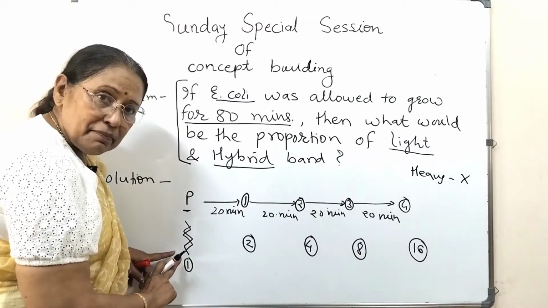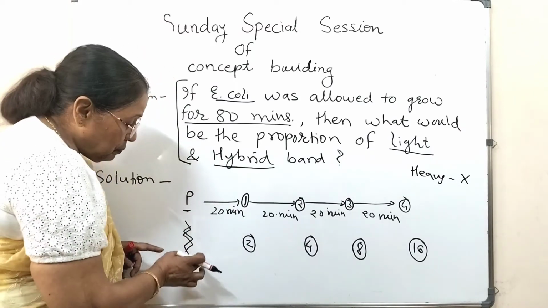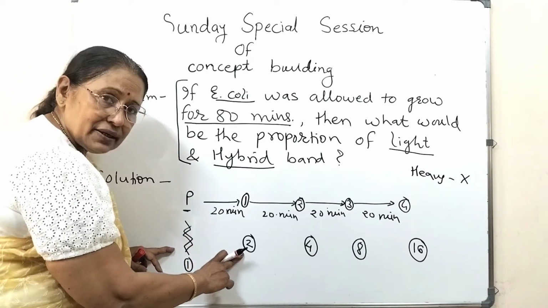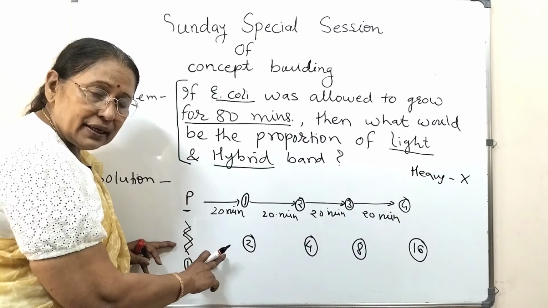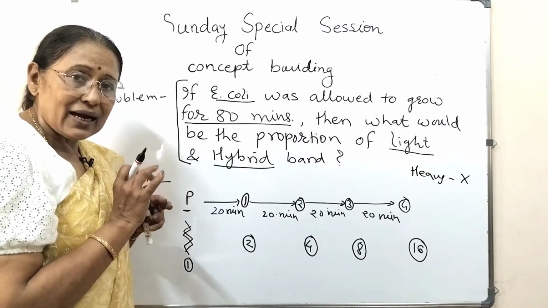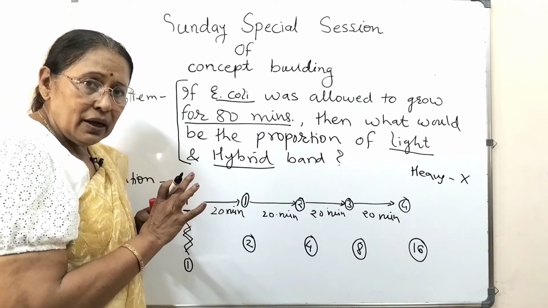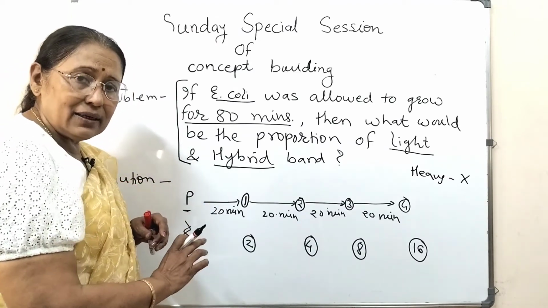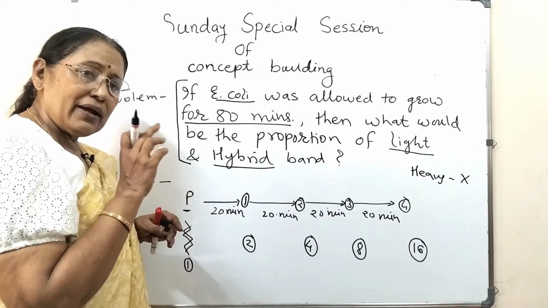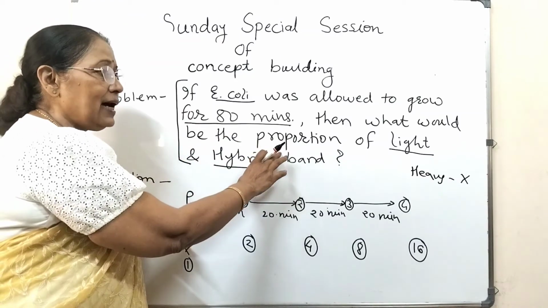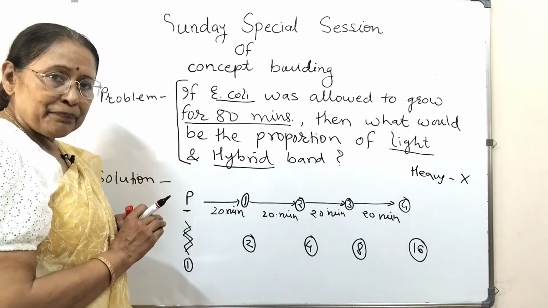Because for becoming heavy, both the strands have to be heavy, but in the first generation itself these two separate and new strands, the two light strands, develop on them. So the heavy strand was only in the parental DNA, otherwise it won't be there. So for heavy you can put 0 with your eyes closed. Heavy has not even been asked.